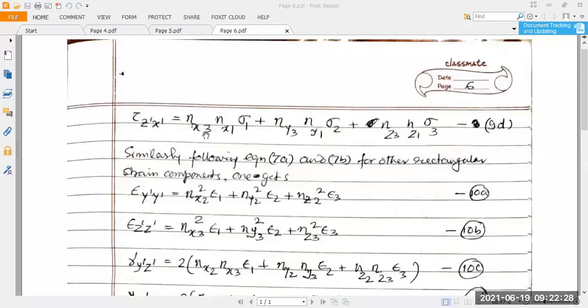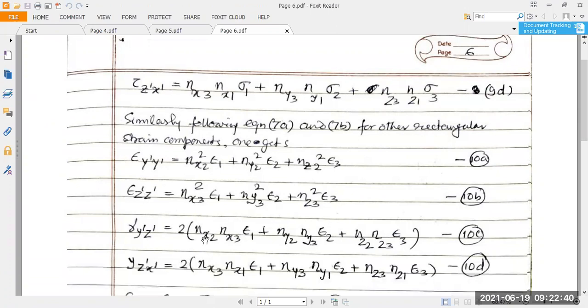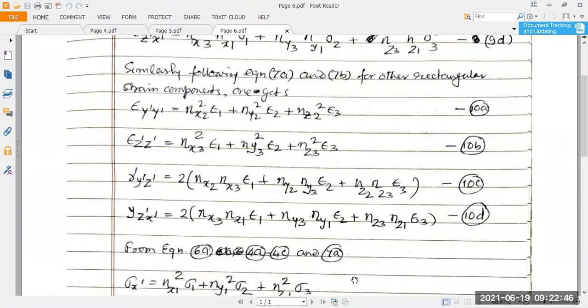Then it becomes the form like this, and similarly, following equations 7 and 8, for the other rectangular components we are getting this value equal to tau yz and tau zx. So it is equal to 2 like this.